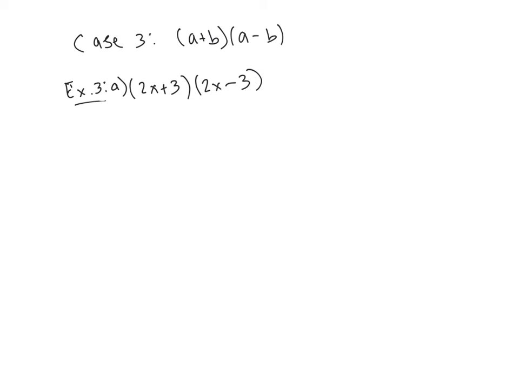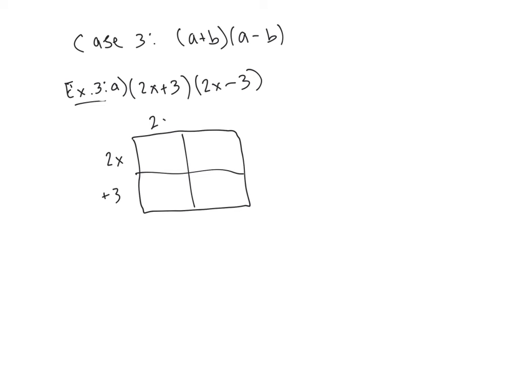Again, these are just different versions of really the same thing, which is going to come down to using that box problem, right? So I'm going to draw my box down. (2x + 3) and (2x - 3). And I'm going to multiply into the boxes, and I'm going to add up the boxes.